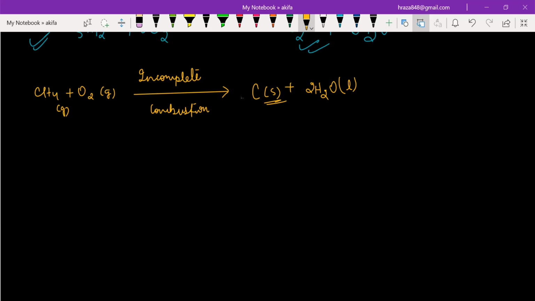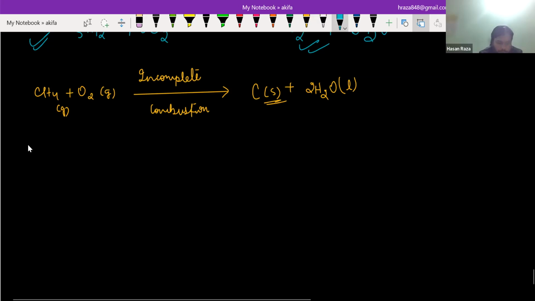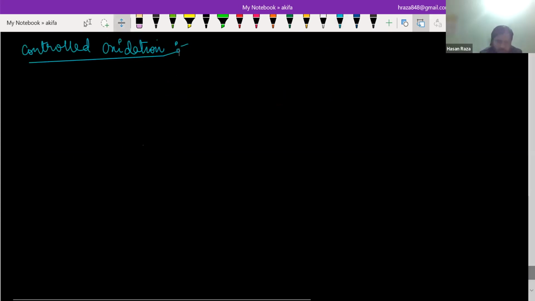Very good. Now, the next topic, controlled oxidation. In organic chemistry, reaction also depends on reagent or the condition. If the reagent changes, the product will also change.